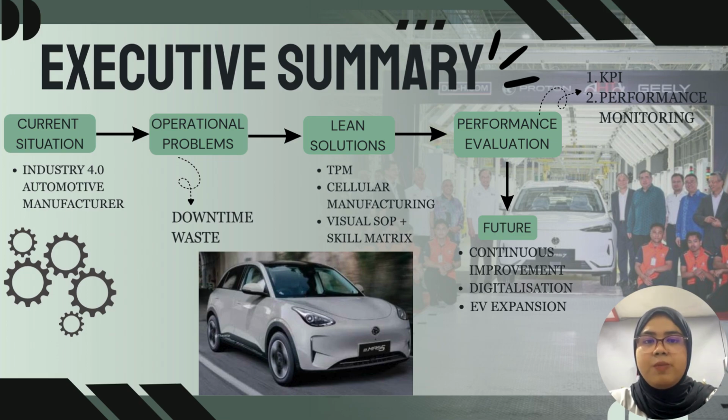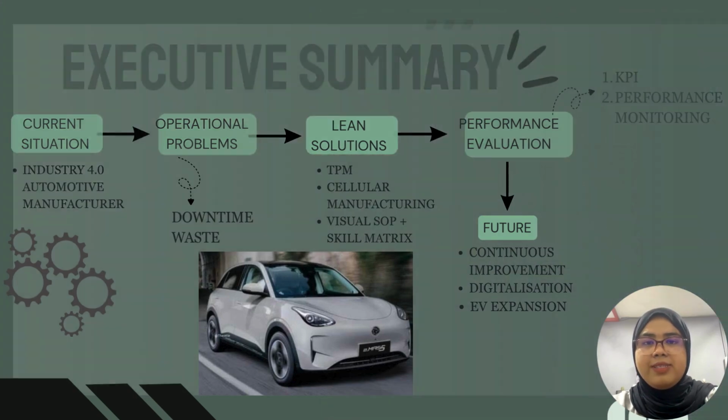This includes implementing total productive maintenance (TPM) and optimizing workflows through cellular manufacturing. To ensure quality and consistency, performance monitoring is driven by visual SOPs and skill metrics, allowing us to evaluate the effectiveness of these solutions through measurable KPIs.